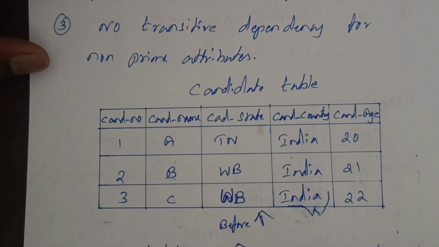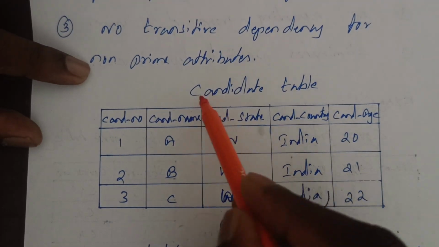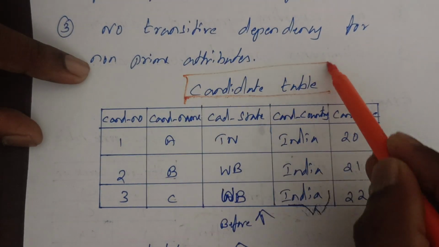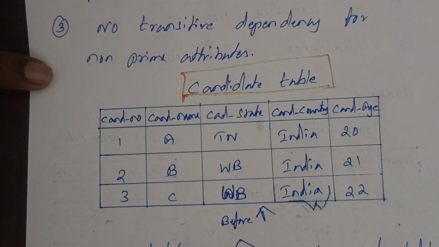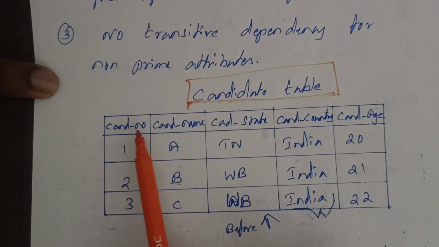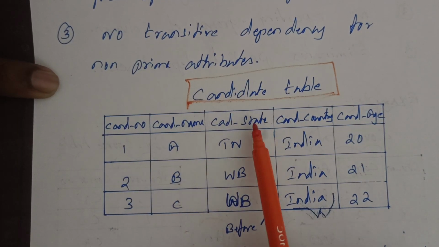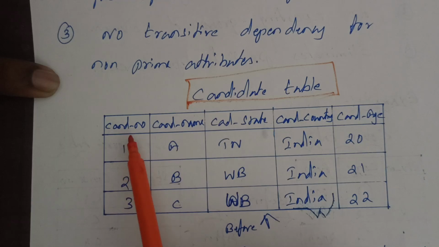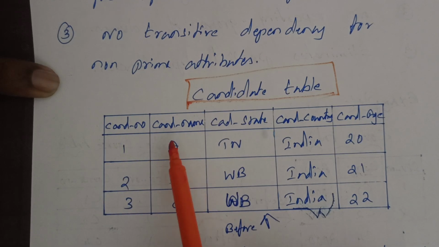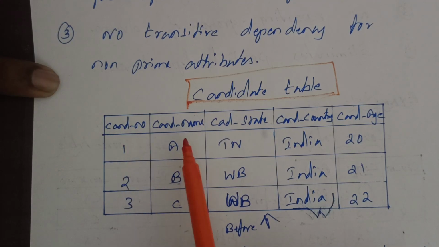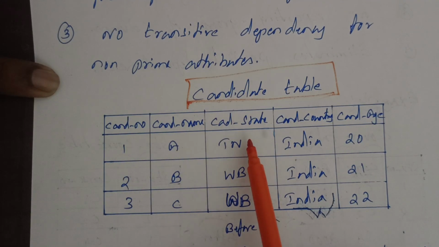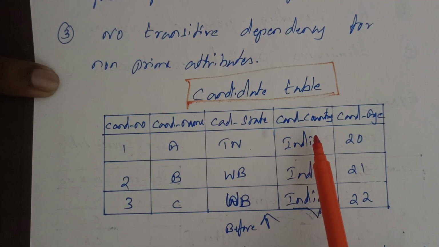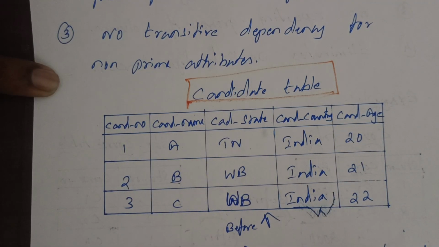I'm going to make sure you understand this table, a candidate table, which we framed for easy understanding, right? So now here you can check candidate number, candidate name, candidate state, candidate country, and candidate age. Here there is a prime attribute, okay? The prime attribute here is candidate number, and you can check that candidate name depends on number, candidate state depends on number, candidate age depends on this number, okay?